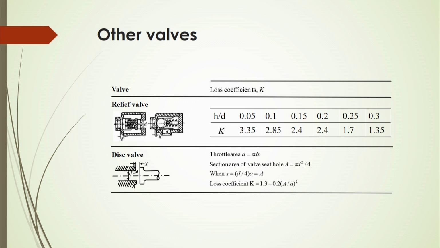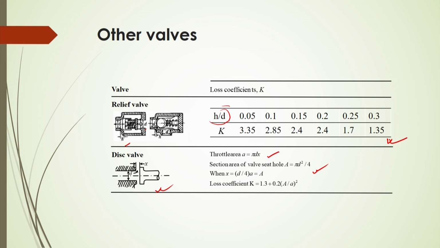For the relief valve, H by D is as shown in the figure, and K changes accordingly. Similarly, for the disc valve, the throttle area a equals pi d x, and the section area of the valve seat hole is pi d squared by 4.